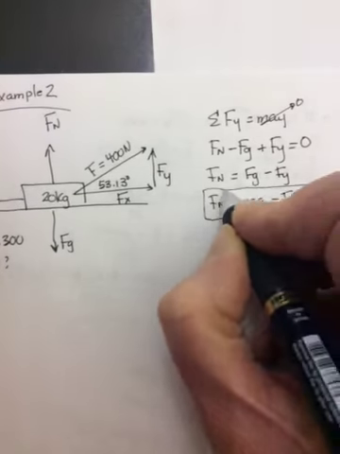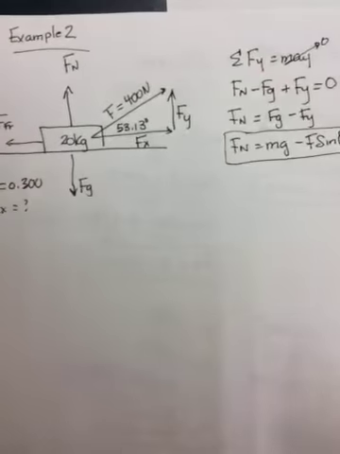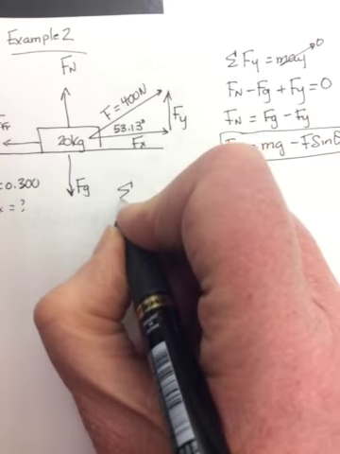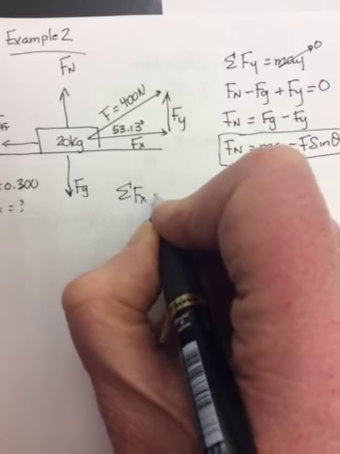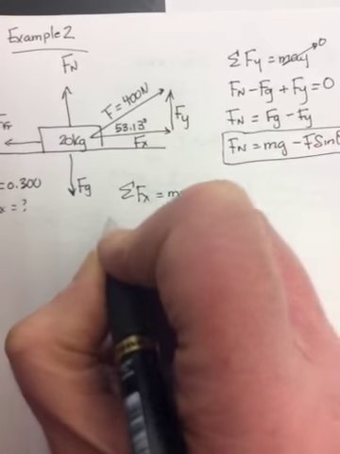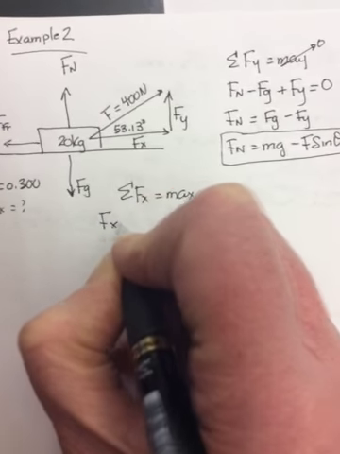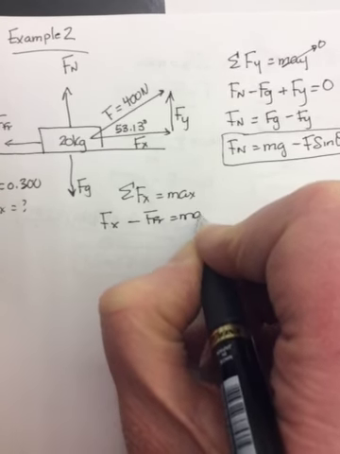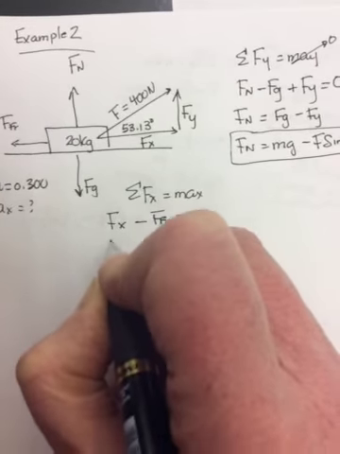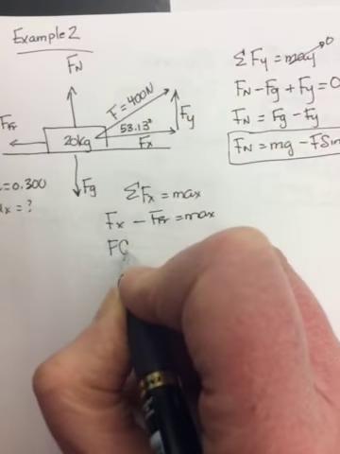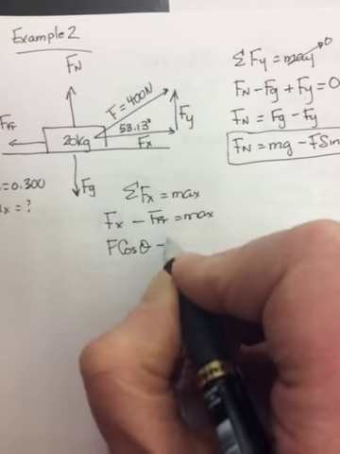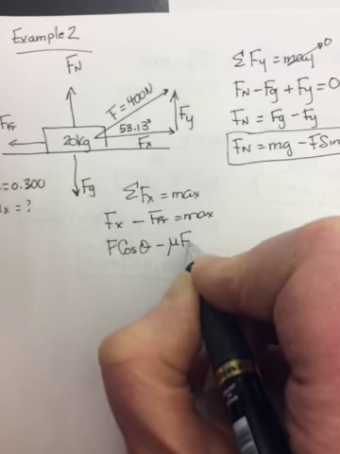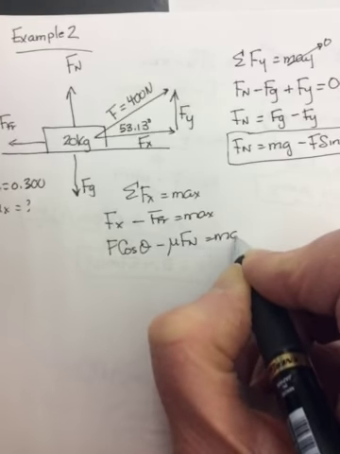Again, you could get values for this if you want, but I'd probably leave it and go to the sum of the forces in the x direction, equal to max. So in the x direction, we have Fx pulling forward and friction pulling backward. Fx is F adjacent side, so it's F cos theta. And friction, we know, is mu Fn, is equal to max.